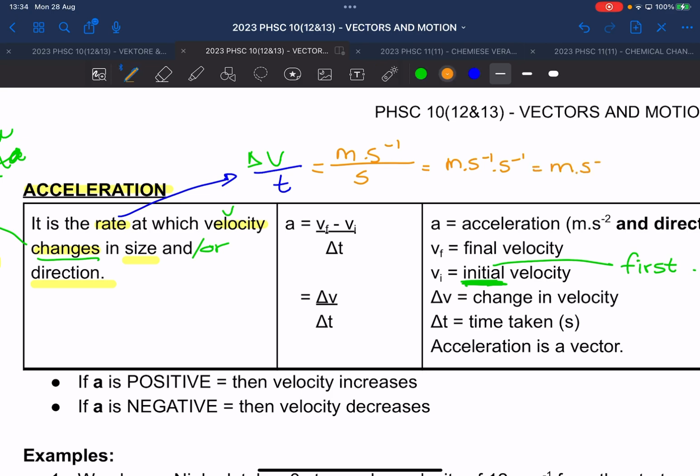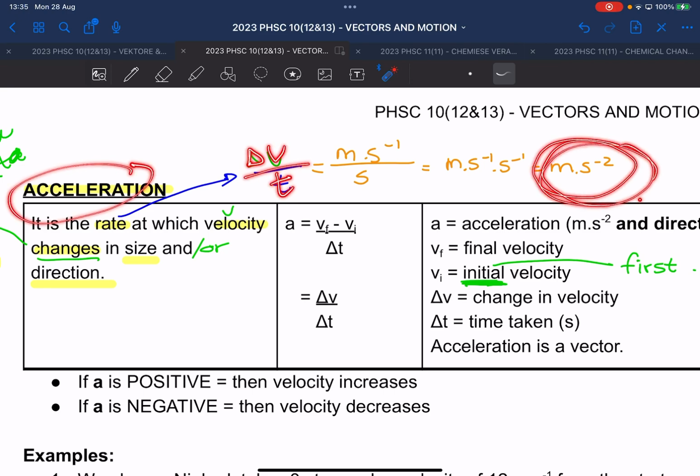Meters per second squared. The per means negative. So acceleration is the rate at which velocity changes, and that is measured in meters per second squared.